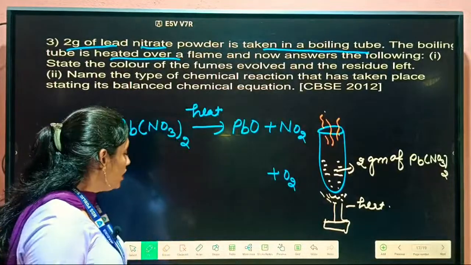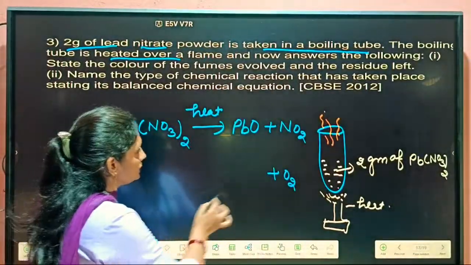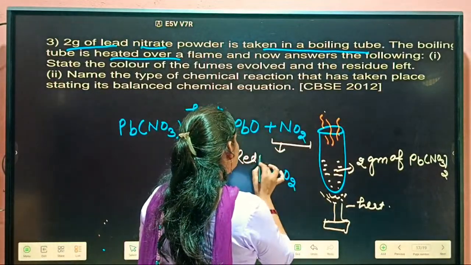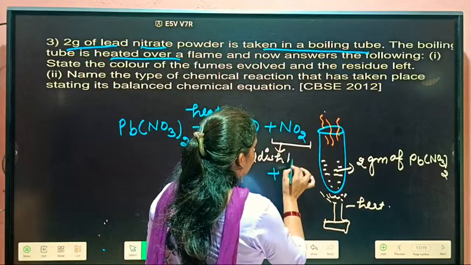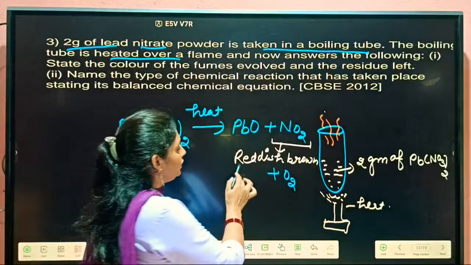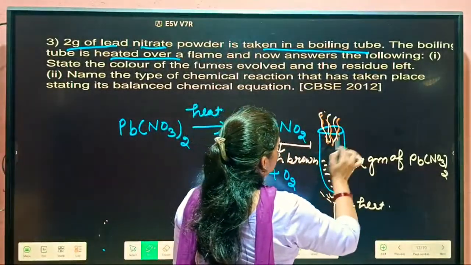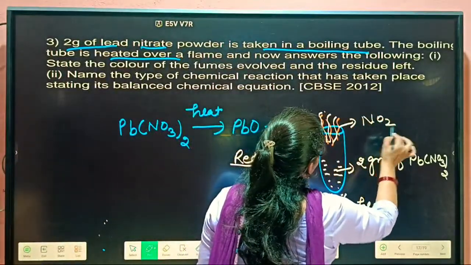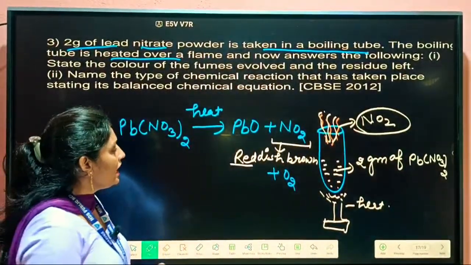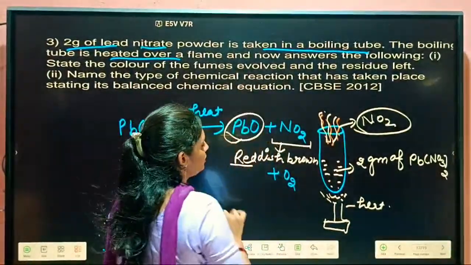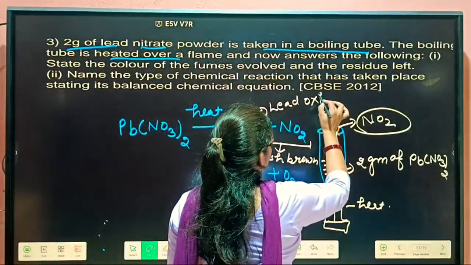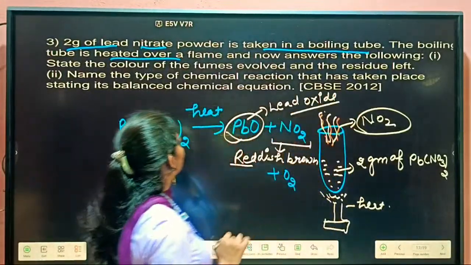And students, this NO2 gas has reddish brown color. Means the reddish brown color of these fumes is due to the formation of NO2. Okay, students, and the residue is lead oxide. Residue is lead oxide here. I hope it is clear to you.